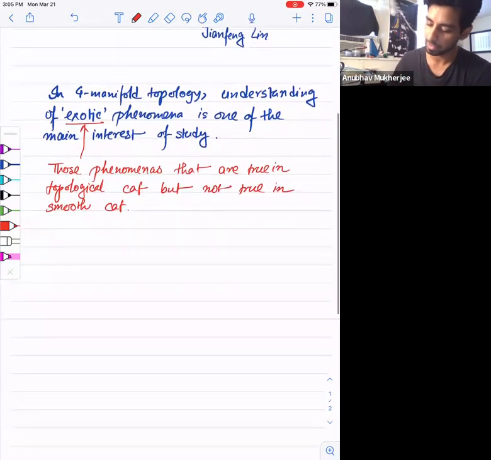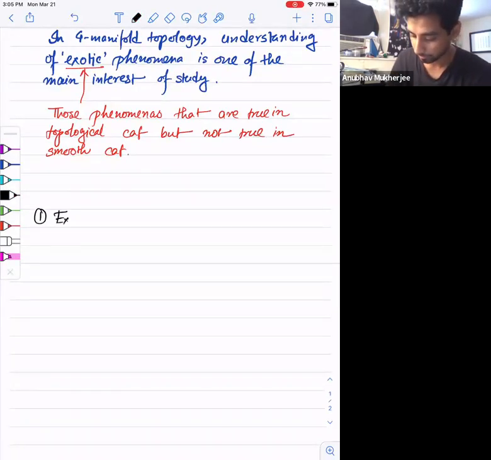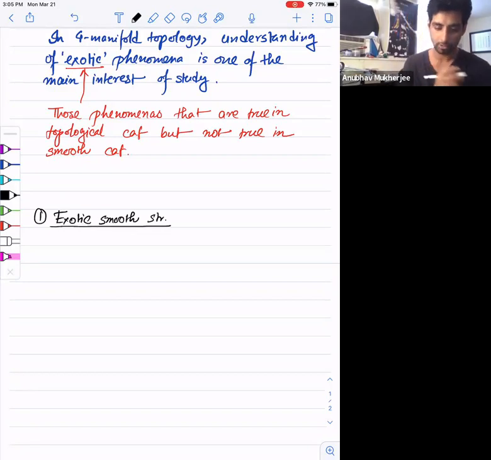There are three main phenomena that we are very interested in. One is called exotic smooth structure. By exotic smooth structure, I mean that two four-manifolds X and X prime are homeomorphic, but not diffeomorphic.